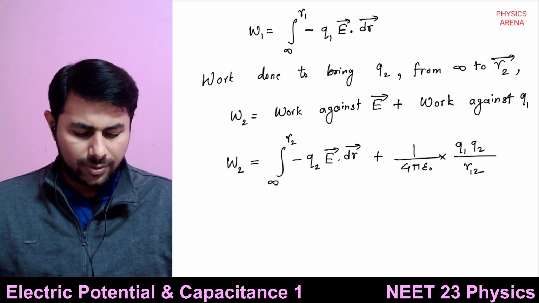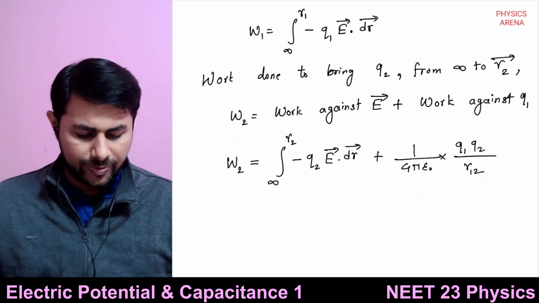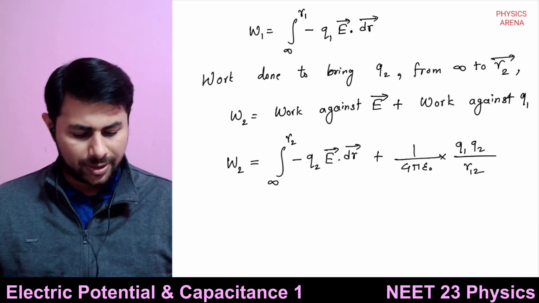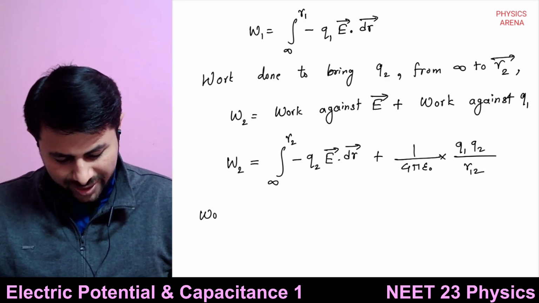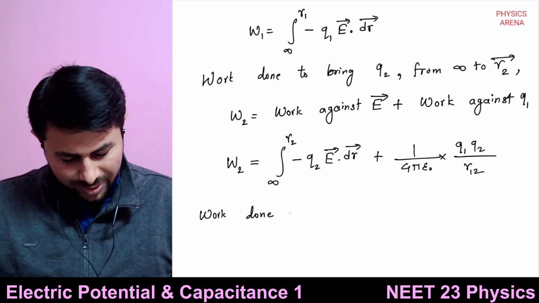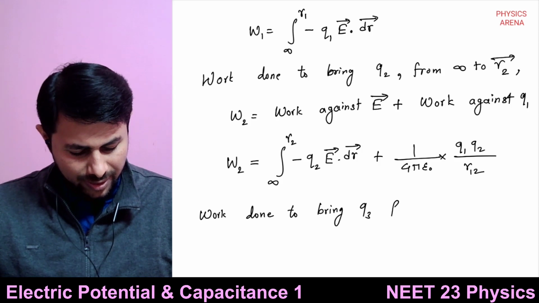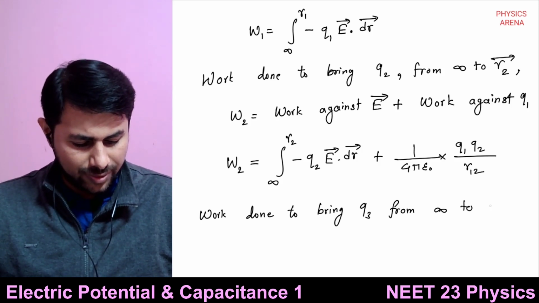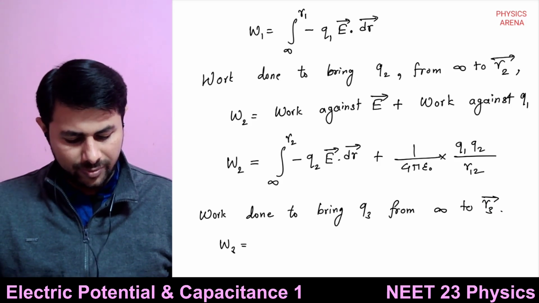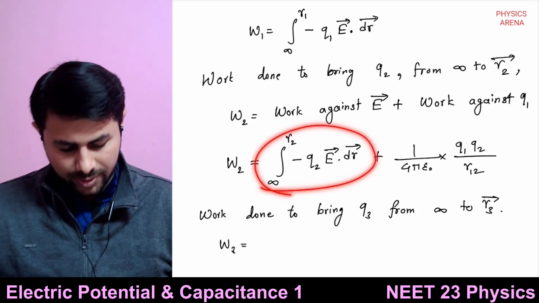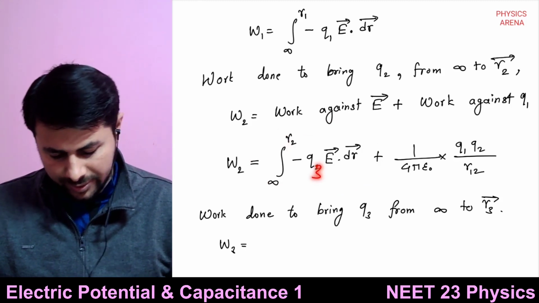Right? So this will be the work done to bring Q2 from infinity to R2 bar. And let's bring one more charge. Work done to bring Q3 from infinity to R3 bar. So W3 is equal to this formula as it is, just R2 will change to R3.